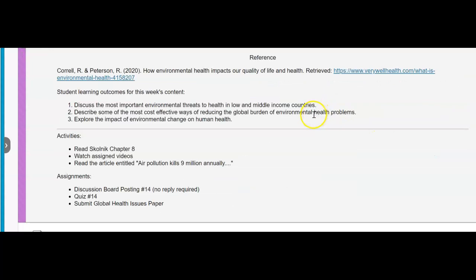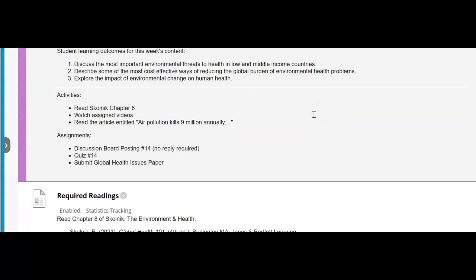So by the end of this learning unit, we are going to be able to talk about the important environmental threats to health in low and middle income countries, describe some of the most cost-effective ways of reducing the global burden of disease and environmental health problems, and explore the impact of environmental change on human health.